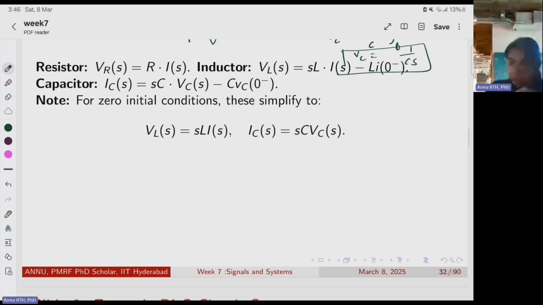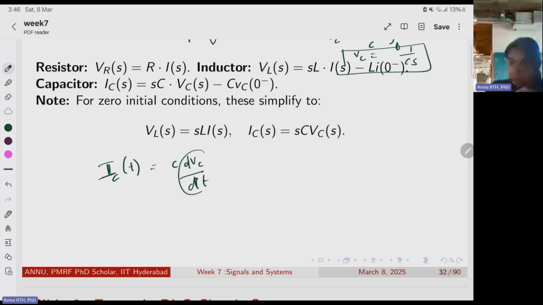And we know this can be written in terms of I_C, because the current across the capacitor is C dV_C/dt.